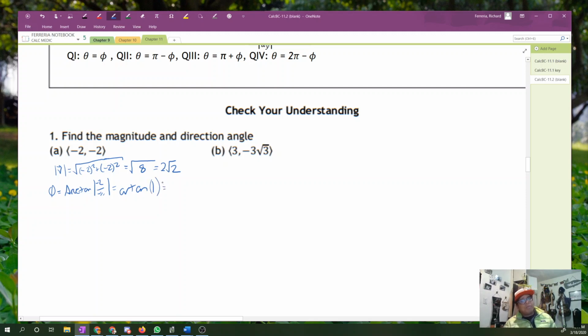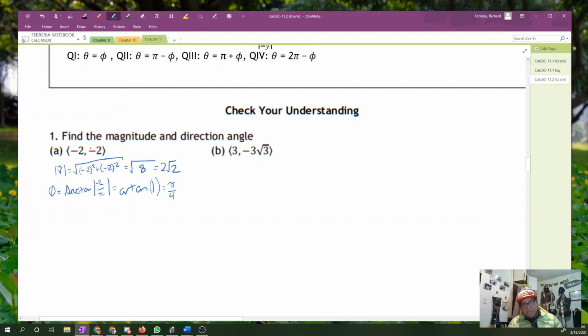Well, that happens when the sine and cosine are equal to each other. Those sines and cosines happen to be equal to each other at pi over 4. That's our reference angle, pi over 4. Okay, what quadrant are we in? We're in, well, the x component's negative, the y component is negative.